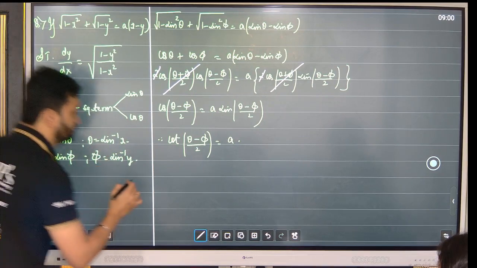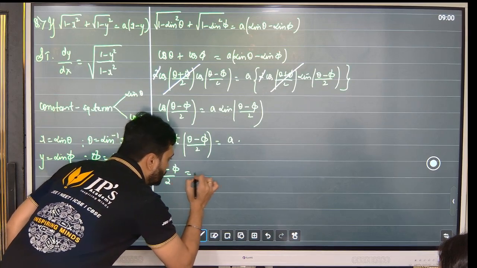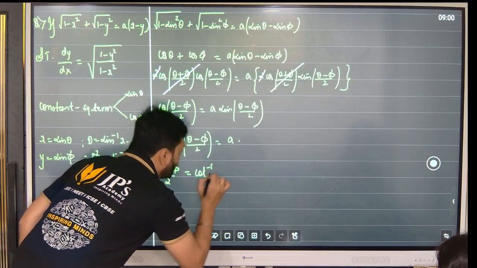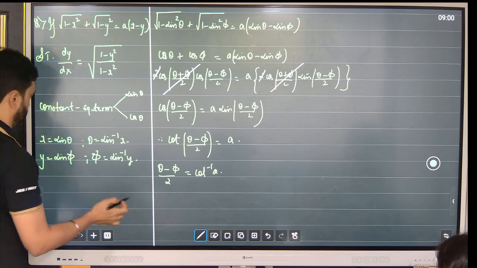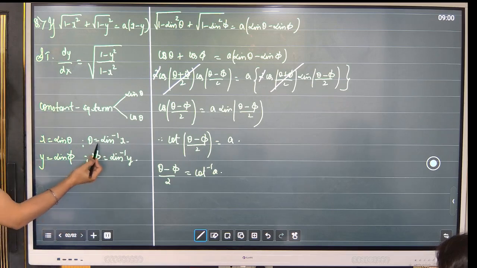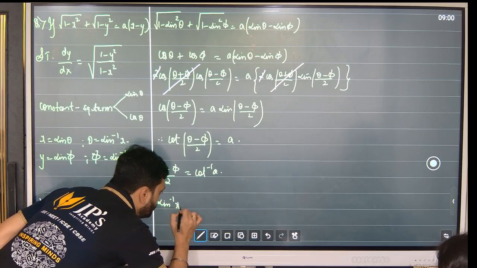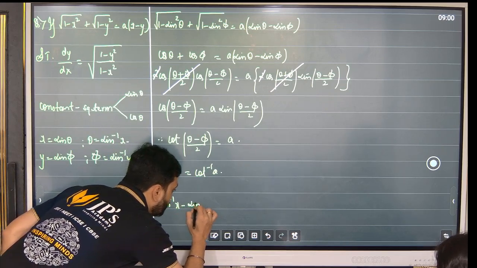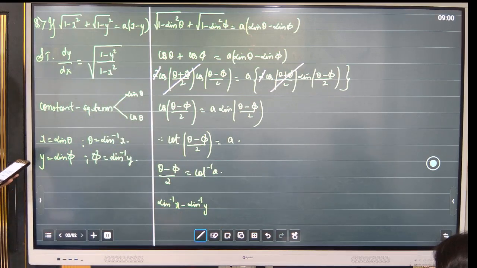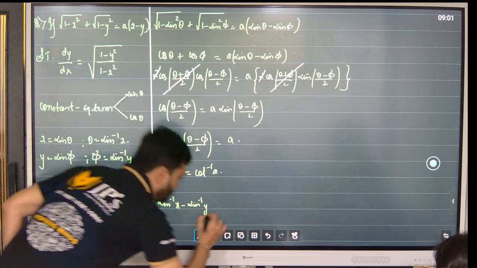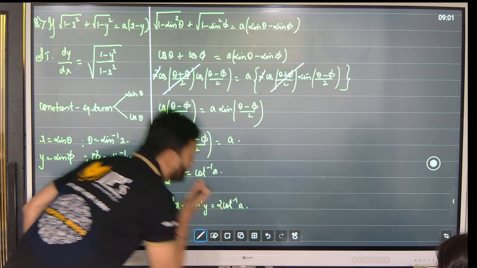I'll take cot on the other side, so theta minus phi by 2 is equal to cot inverse of a. Now theta is sine inverse x, therefore sine inverse x minus sine inverse y upon 2. I'll take the constant on the right hand side, and this will become 2 cot inverse a.